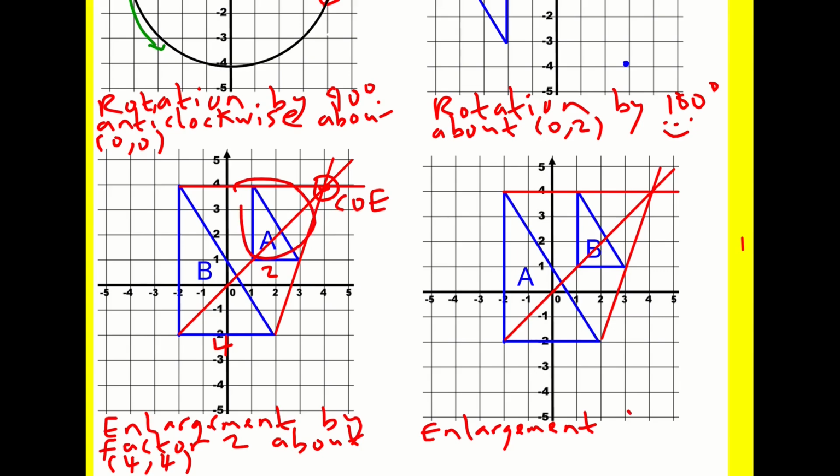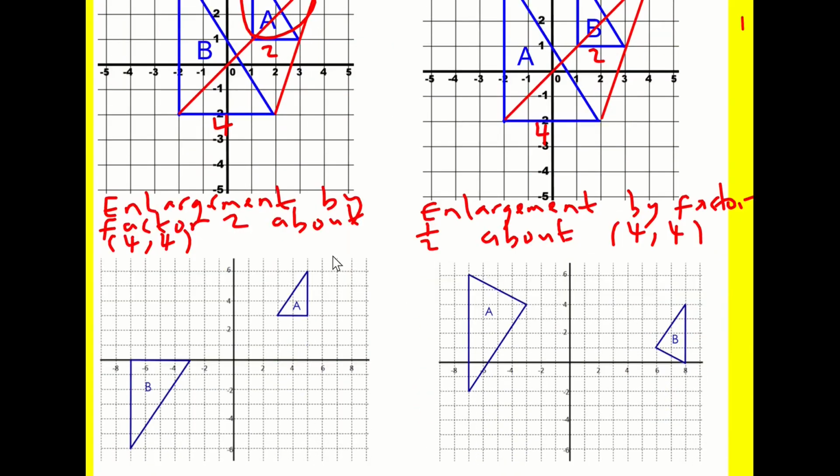It'd be an enlargement by factor 1/2 this time because I'm going from 4 to 2. But it's still about the same center of enlargement. So for these inverses, you'll end up with the same center of enlargement, but you'll take the reciprocal, essentially, of the scale factor.